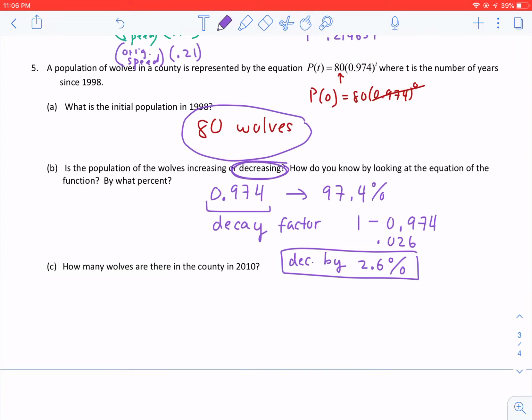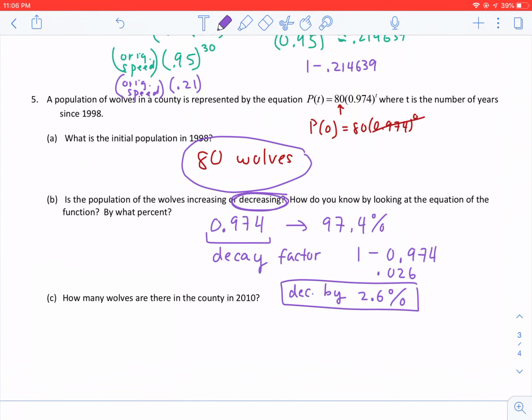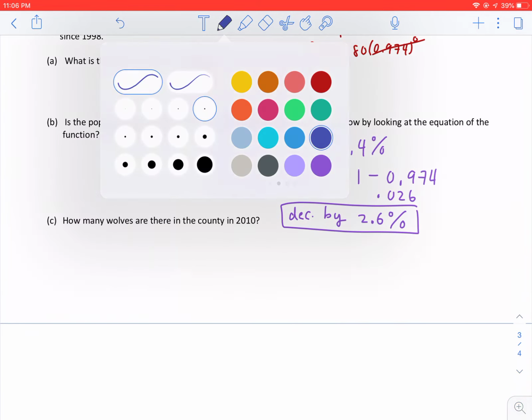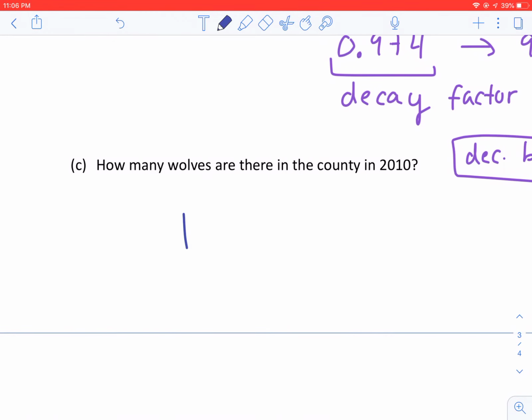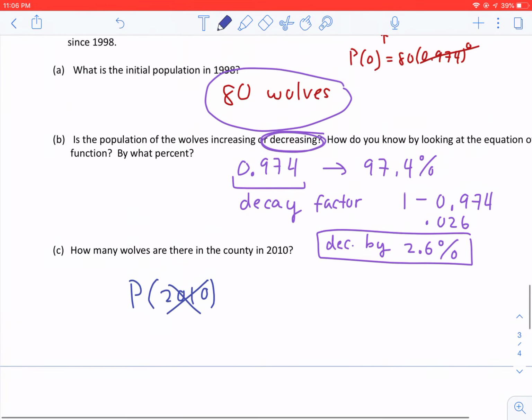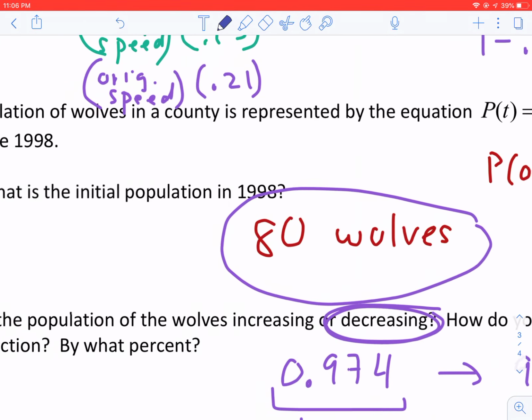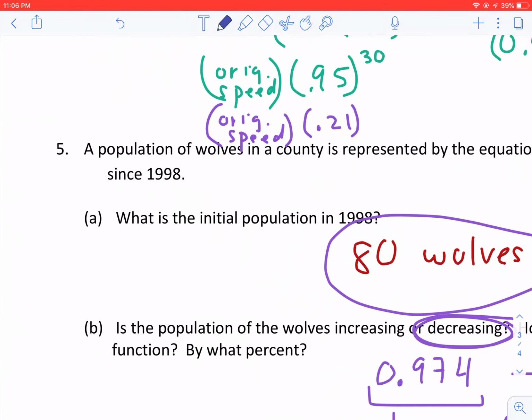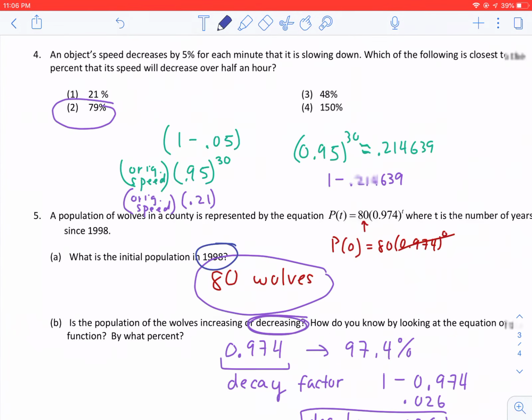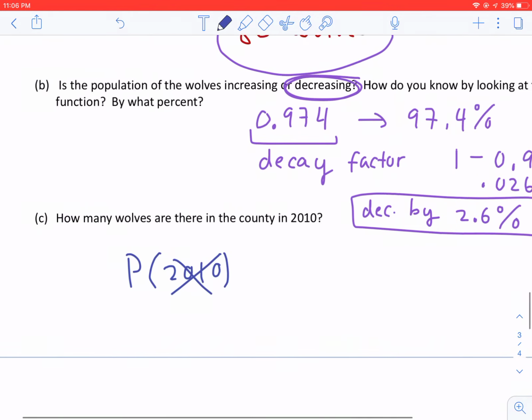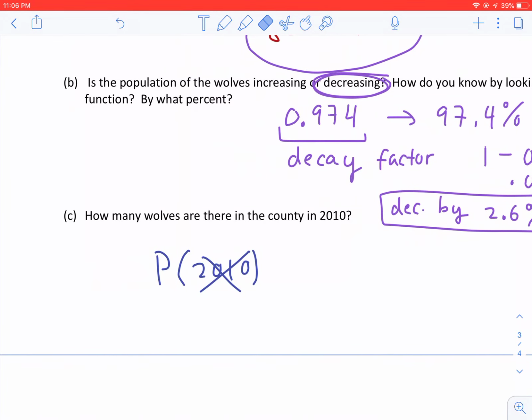So how many wolves are there in the county in 2010? This is just simply plugging in for T. But don't plug in 2010. Make sure you read the question. What is the initial population in 1998? That was 80. So in 2010, that's not going to be 2010 years after 1998.